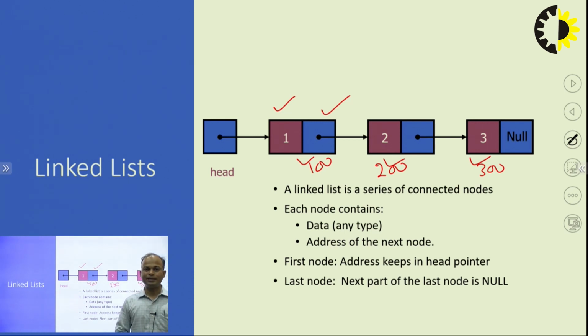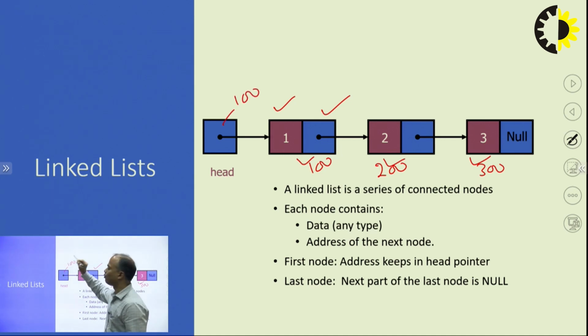Then to maintain this linked list, we need a special pointer, and this pointer is called the head of the linked list. Head contains the address of the first node. Our first node is this one, and the address of this node is 100. Therefore the head pointer contains 100.